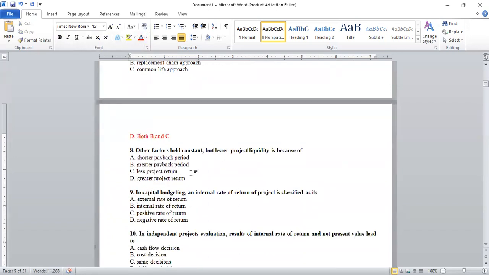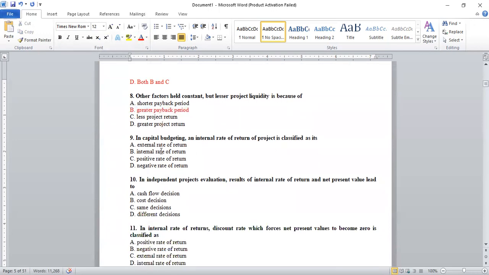Next. Other factors held constant, lesser projected liquidity is because of a greater payback period. Question 9.